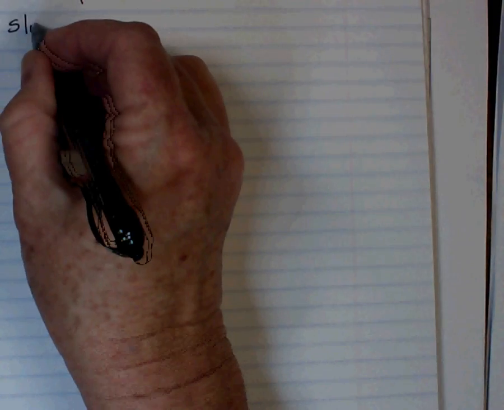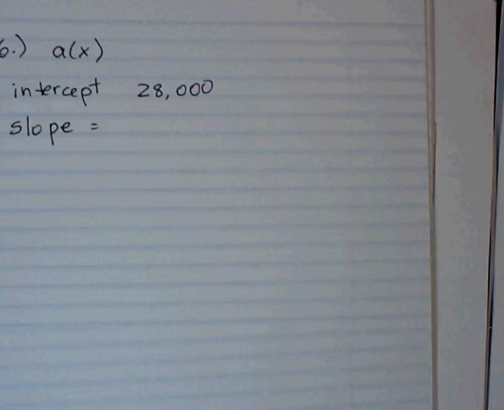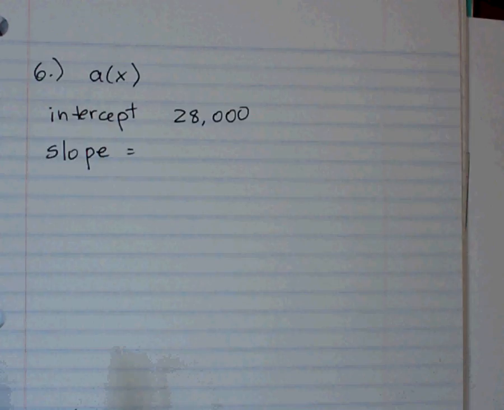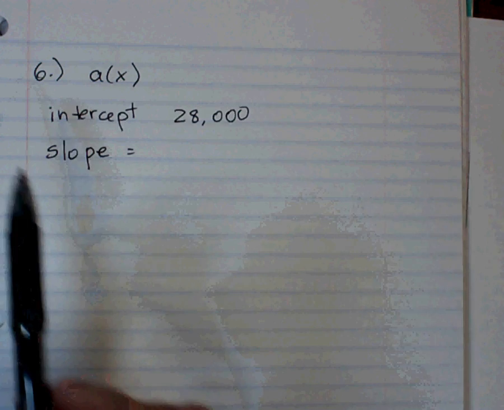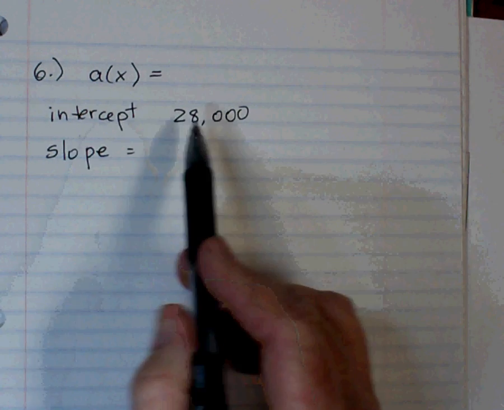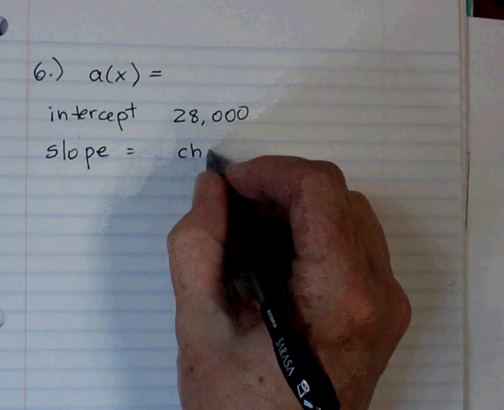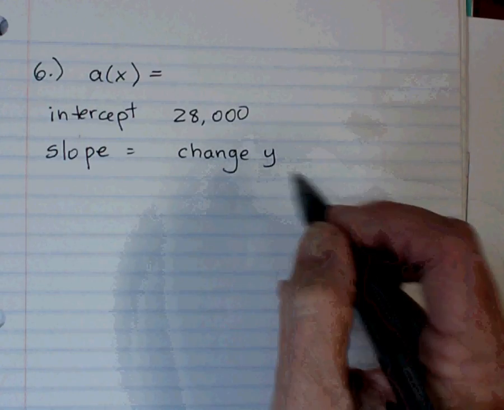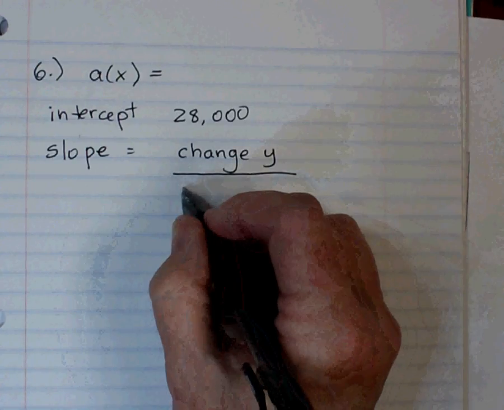And to find the slope, we have to know something. Sorry. Okay. So again, we're working on number 6, and we have to find A of x. We know the intercept is 28,000. And for the slope, we need the change in the dependent variable, which is y, divided by, with respect to, the change, and I'm writing this out.